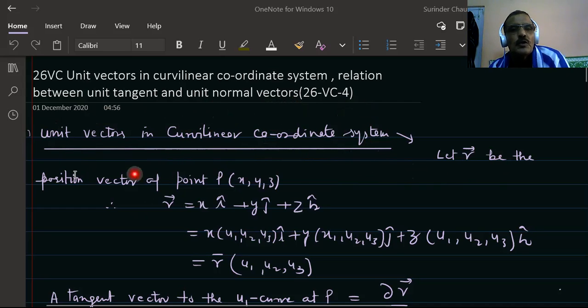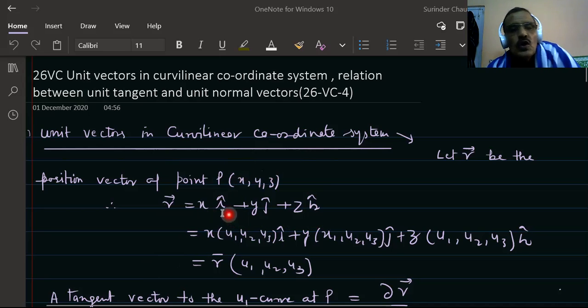Let r be the position vector of any point in the Cartesian coordinate system. This is any point P in Cartesian x, y, z three-dimensional space, and therefore the position vector OP is equal to r, which equals xi plus yj plus zk.